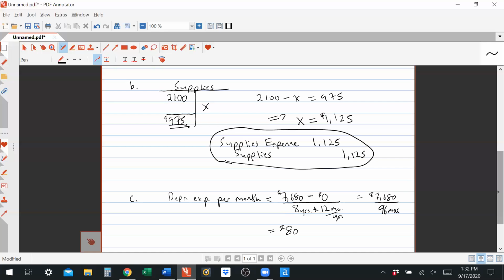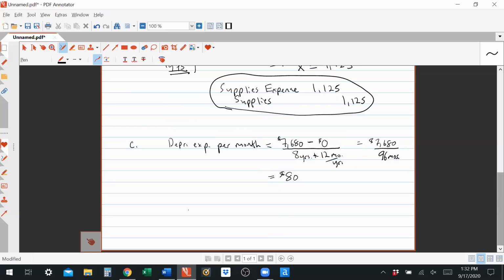All right. The adjusting journal entry, we debit depreciation expense for $80. And we credit not the equipment account, but we credit the accumulated depreciation dash office equipment account. We credit the contra asset account.